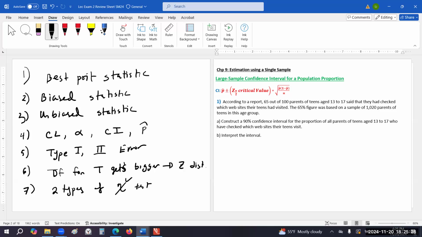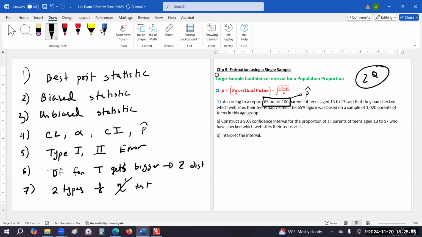Chapter 9 has 3 things: proportion, t-test, and z-test. I'm going to ask 2 questions from here, combined in 1 question. So how do you distinguish which one to use? You observe something. If you're given a fraction in the sample, it means it's p-hat.